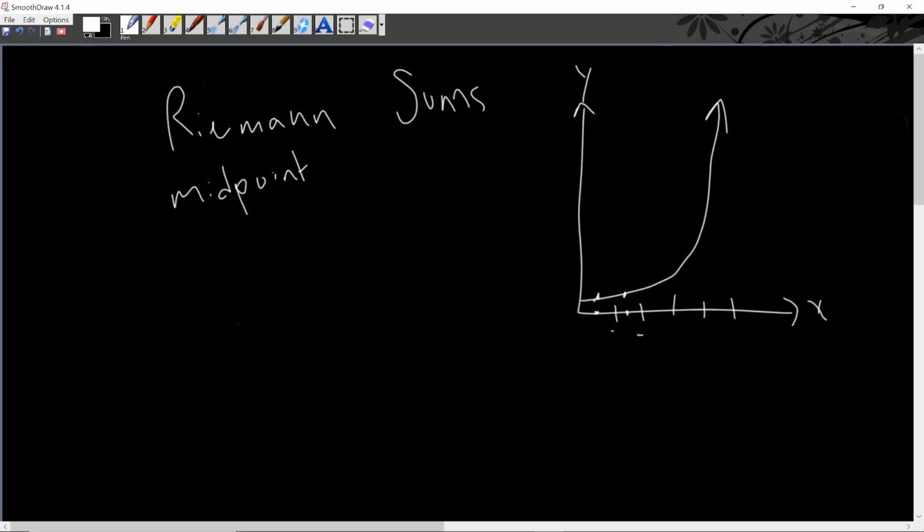We will do that for all of these intervals. We'll find the midpoint of these two, midpoint of these two, and from here, we'll just draw an equidistant straight line from each of those points.